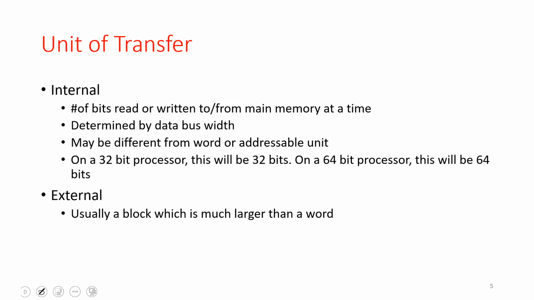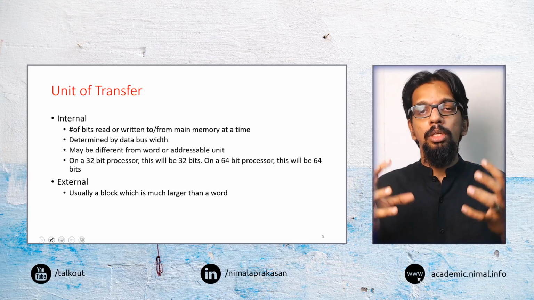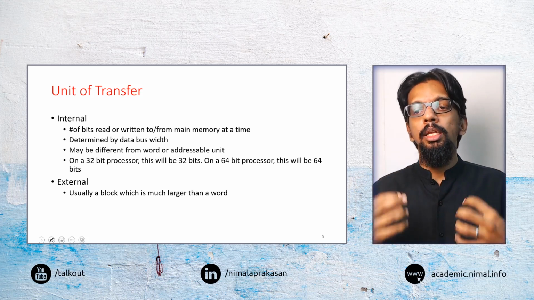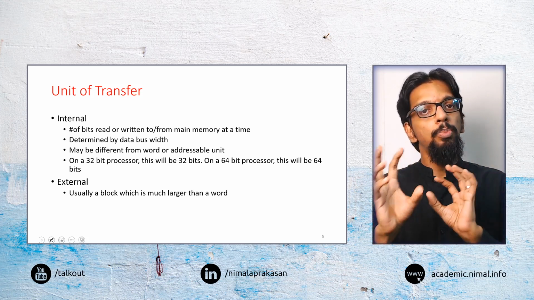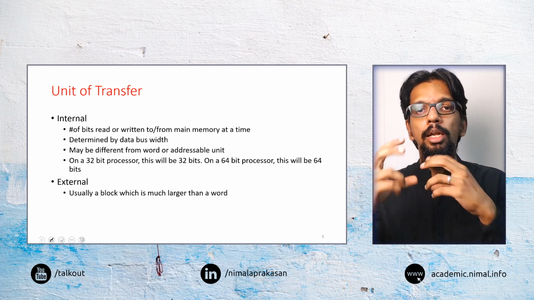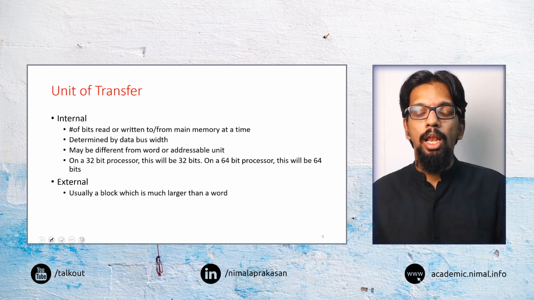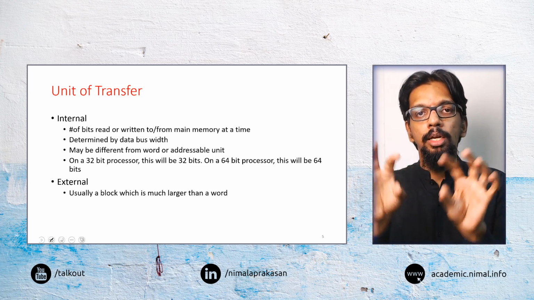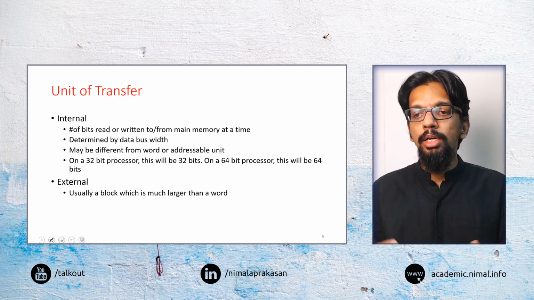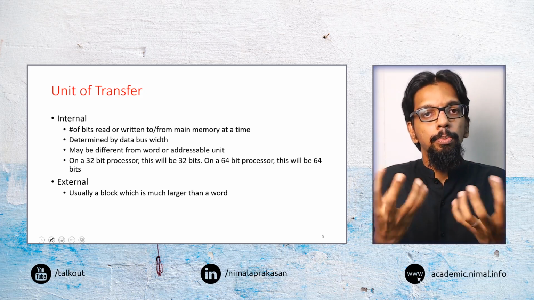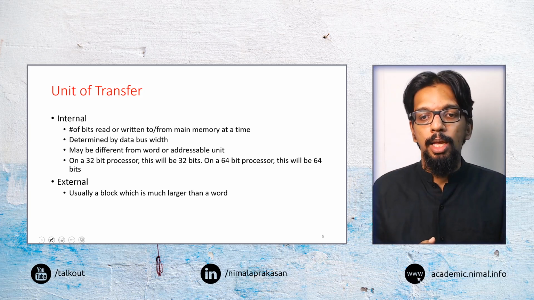The other thing that we can look at in terms of these different types of memories is how data transfer is going to happen between the various memory types. So if we think about internal memories, it is possible for them to be read and written at bit level. So we can read and write a number of bits at one time, and this is the case for main memory, for example.